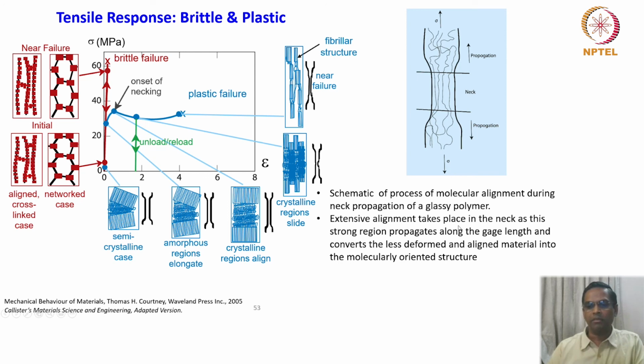Extensive alignment takes place in the neck as this strong region propagates along the gauge length and converts the less deformed and aligned material into molecularly oriented structure. It is something similar to a Luder band we were talking about. Here also the necking propagates throughout, and then finally it stretches. So that's about this polymer, very interesting.